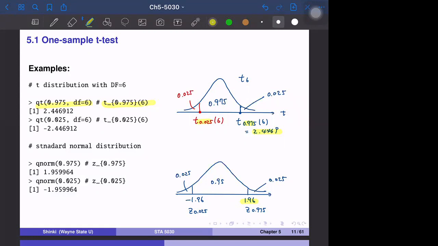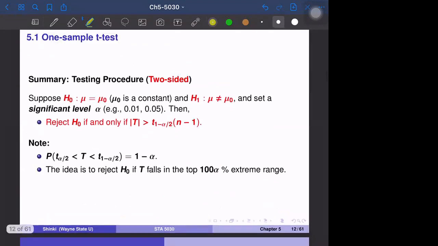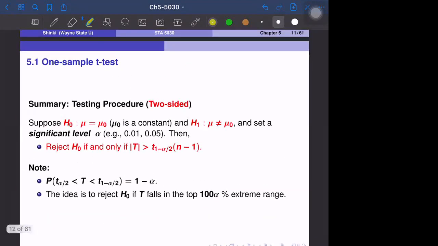Okay, so using this notation, we describe the test procedure for the two-sided one sample test. In the first case, we have the null hypothesis that mu is equal to mu naught. Mu naught is just a constant. In the previous example, that was 79,500.